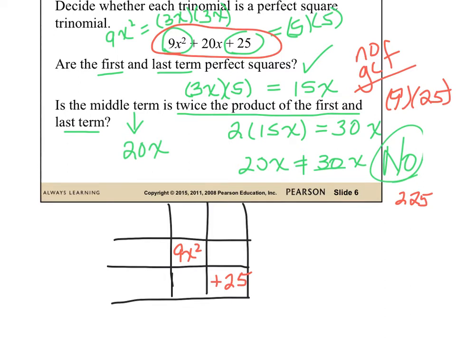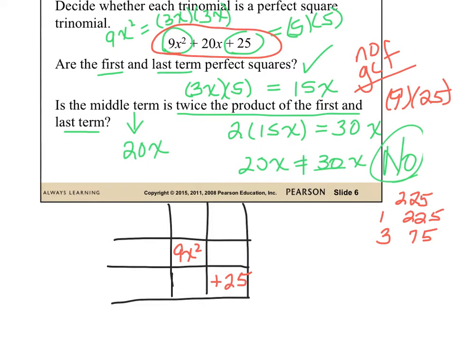So one thing about it is that we know that there's 1 in 225. It's not even, so we can skip all the even numbers. 3 will divide into 225. And it's 3 times 75.